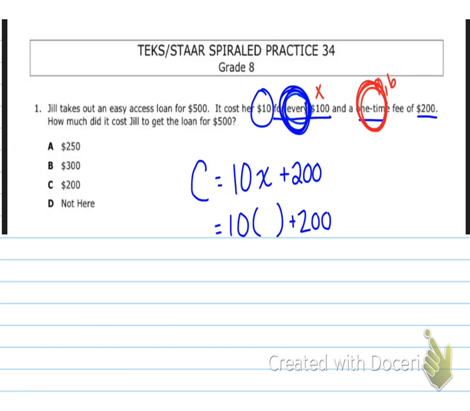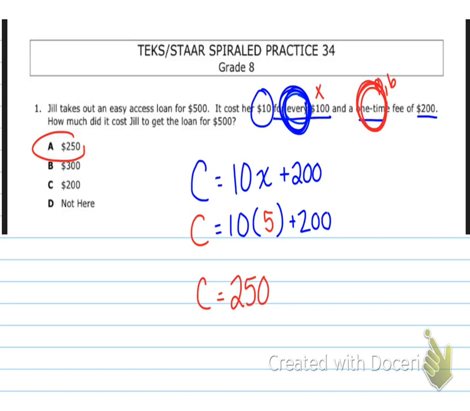So if you borrow 500, that's how many hundreds? That's 5 hundreds. Hopefully that makes sense. Okay, so for every $100 bill they hand you, they're going to charge you $10. So that's 10 times 5, and then plus 200 is 250. So my answer is A. That's how much it costs.